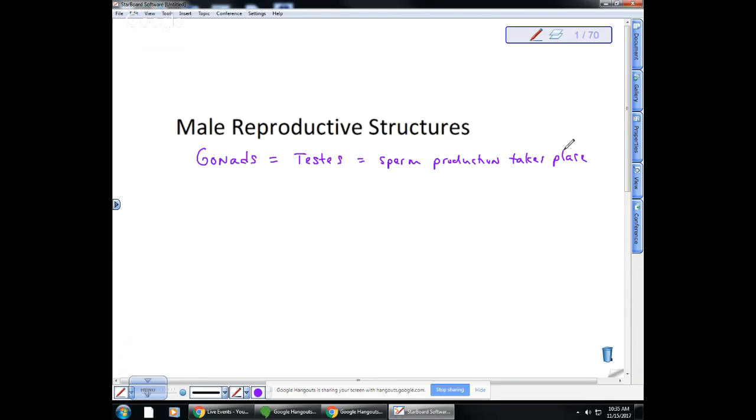Now, sperm, or actually, if you look at the testes and you dissect it, what you'll find out is the testes are full of tubules, and these tubules are called seminiferous tubules.